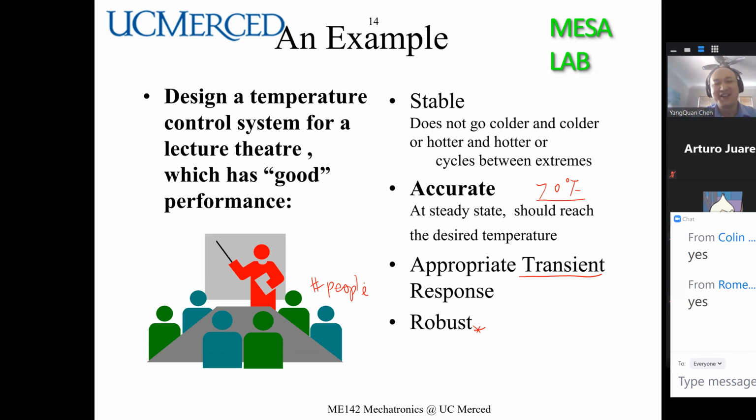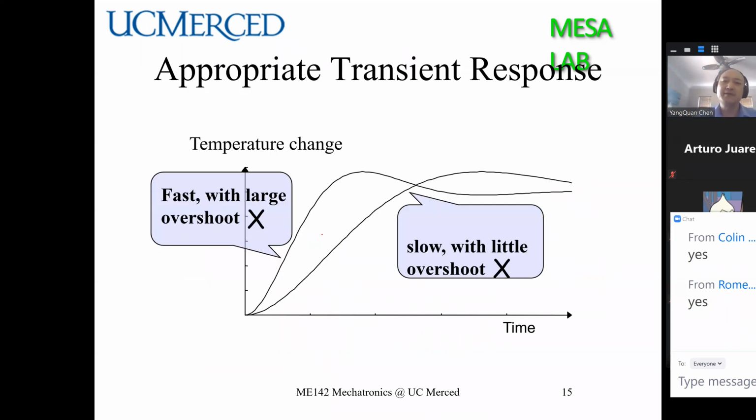Then your system behavior should not be influenced by this. We call this robustness to the heat load. You cannot say that if a bus is full of people, the bus behaves very strangely, or with no people there is another behavior. They should be consistent, meaning robust in the performance.